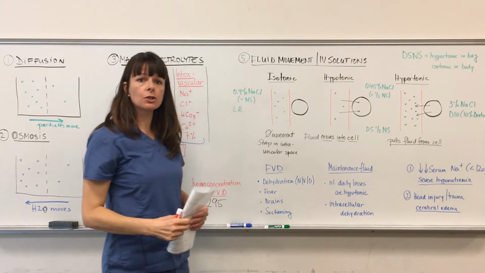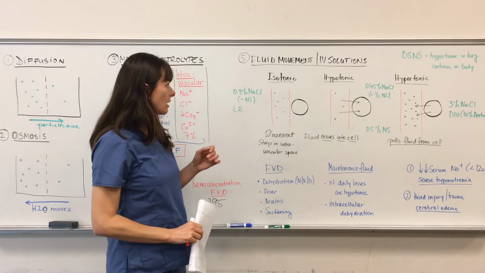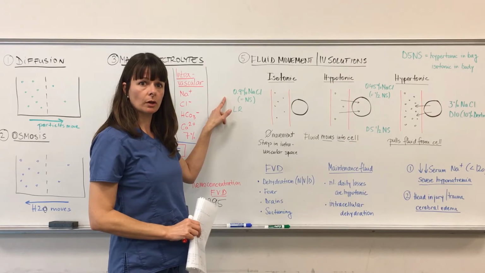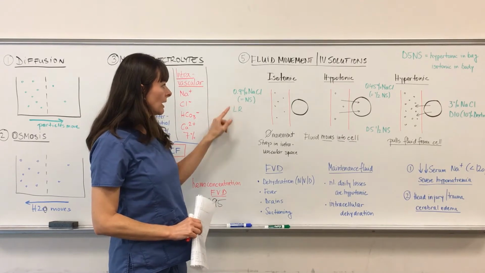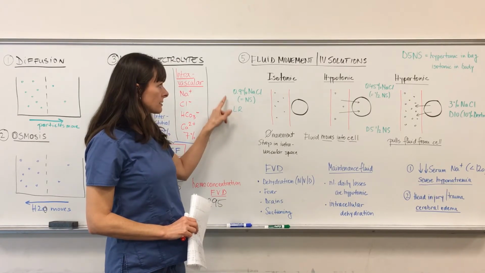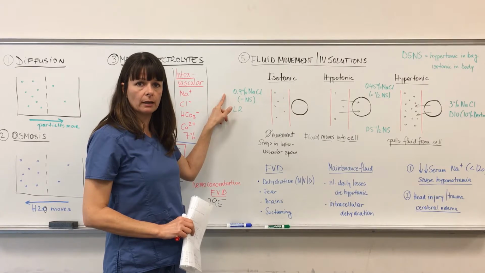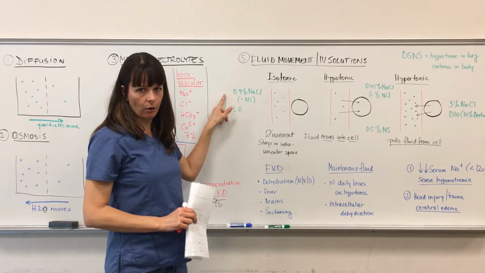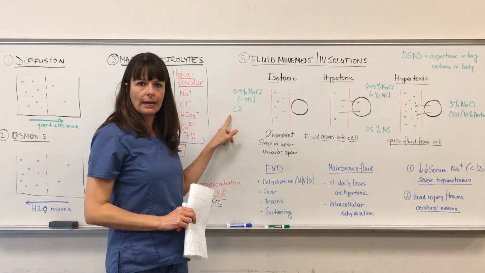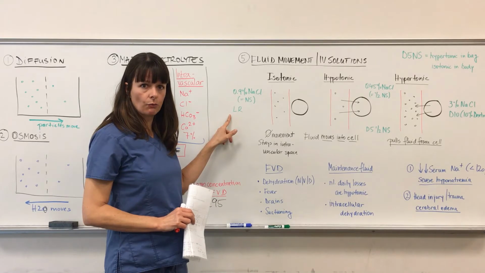Now the two only isotonic IV solutions are 0.9% sodium chloride, also called normal saline, and lactated Ringer solution. The difference is that 0.9% sodium chloride, or normal saline, contains sodium chloride only, whereas lactated Ringers contains some more electrolytes, as well as maybe some bicarbonate and so forth.